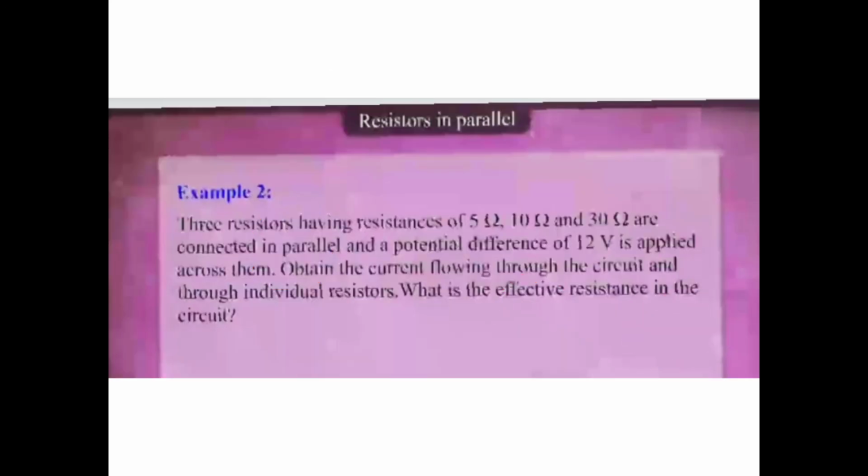Right? Now the last question for the day, example number 2. Resistances of 5 ohm, 10 ohm, 30 ohm are connected in parallel with 12 volt across it, and you are going to find out the current flowing through each resistor, and you are going to find out the effective resistance.